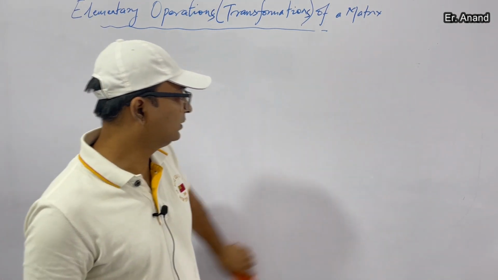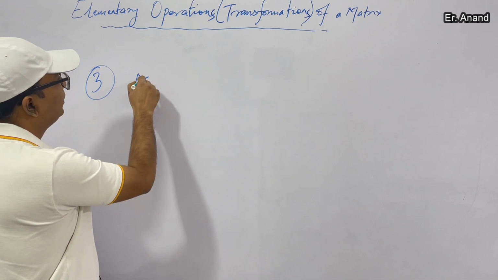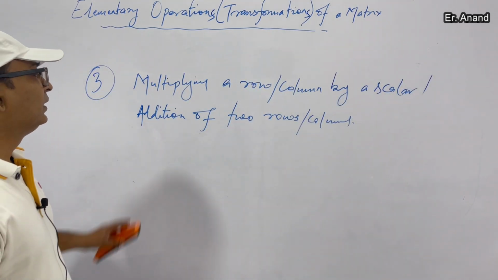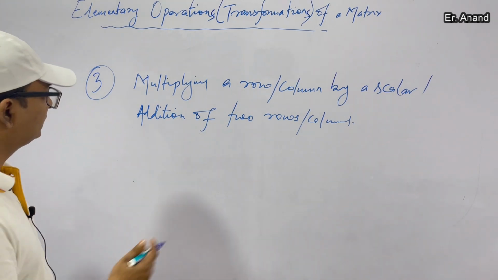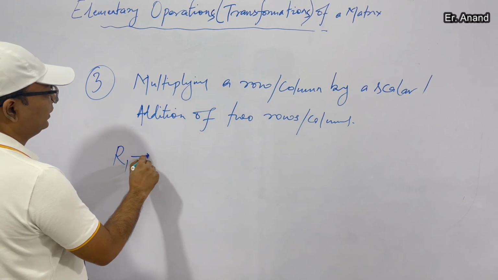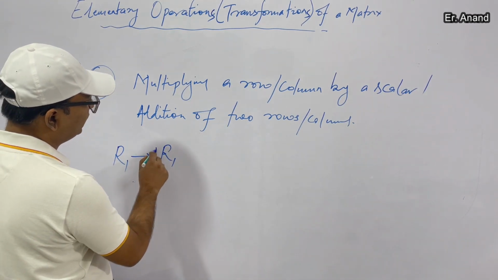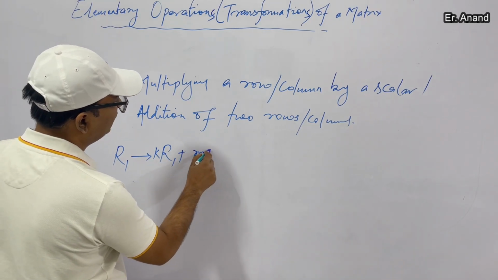The third way is multiplying a row or column by a scalar and addition of 2 rows or columns. Let's see what is the meaning. What I say is, let row 1 be row 1 into k plus, let's take another, m into row 2.